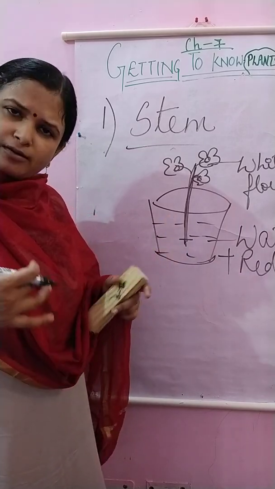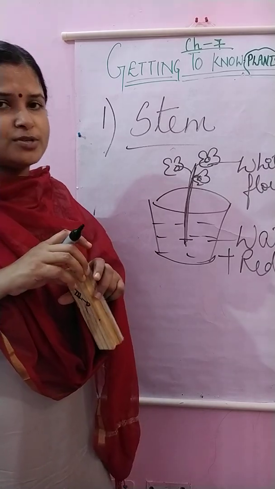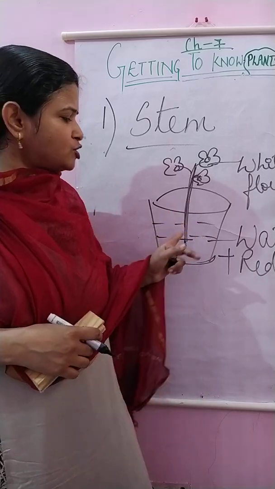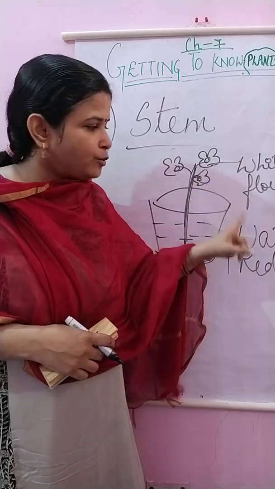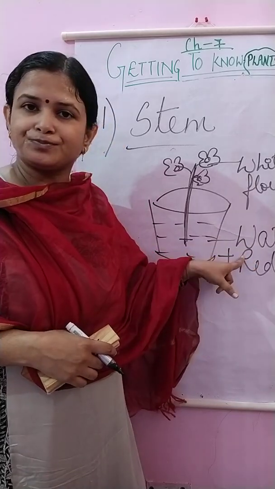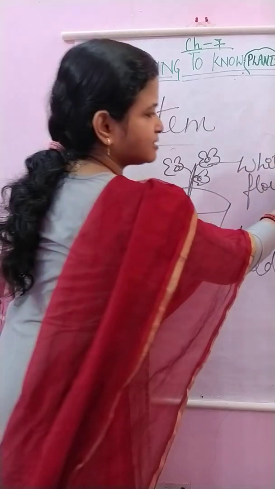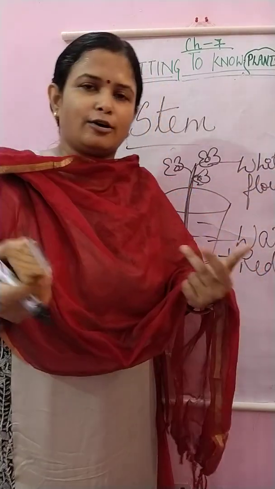For 1 or 2 hours you leave it, and then afterwards what you will observe, this is a very interesting phenomenon, you can try also. The white color of the flower will start changing into a red, pinkish color.